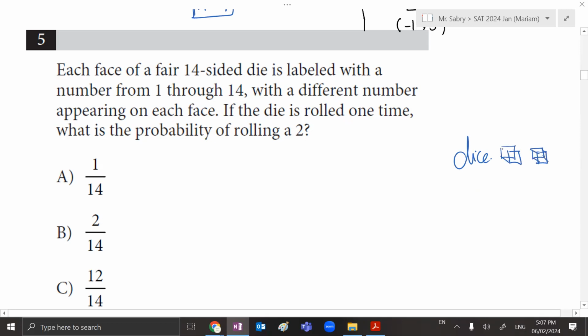Those are called dice. But if I'm just talking about one only, this is a die. A die and then some dice. Does that make sense? Yeah.